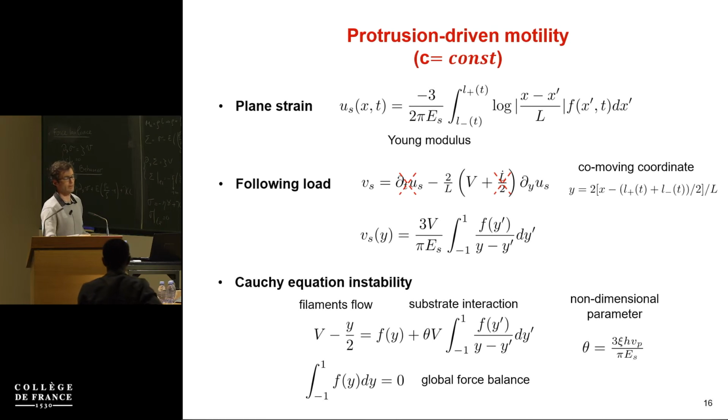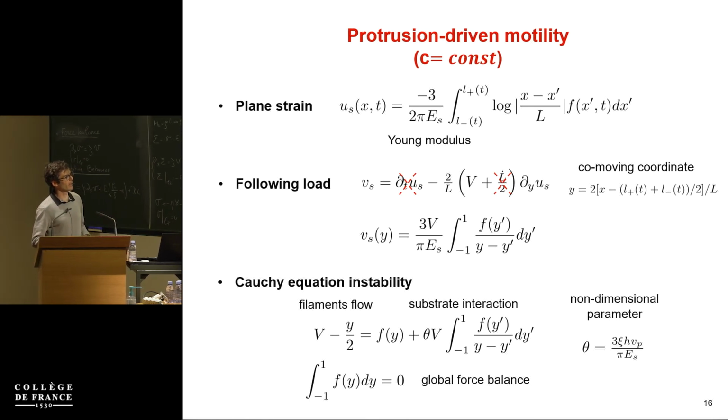So it's an integral equation, a Fredholm integral equation of the second kind, with a left-hand side, sorry, which represents the retrograde flow, which is created by the polymerization, depolymerization process.